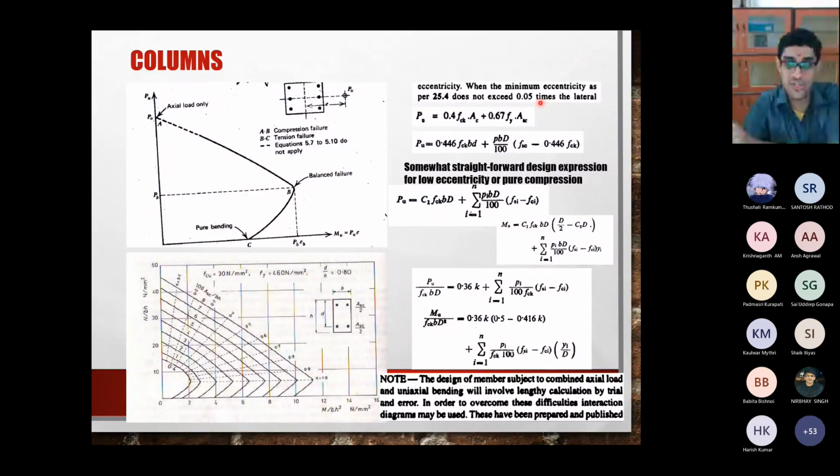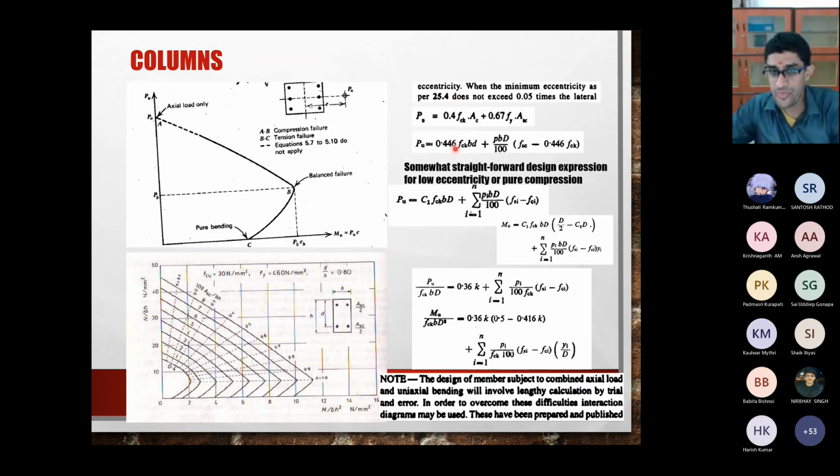So like that, you need to check whether the eccentricity which you calculated does not exceed 0.05 times the lateral dimension, and if that condition is satisfied, you can just use this formula to find what the capacity of the column is under pure axial compression. You can use this, or a more accurate formula is this particular one.